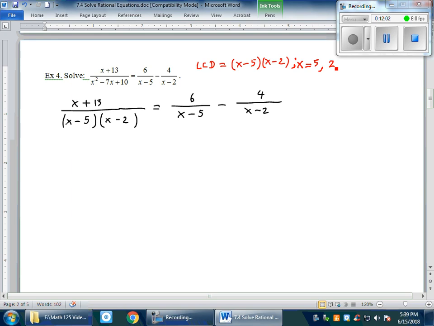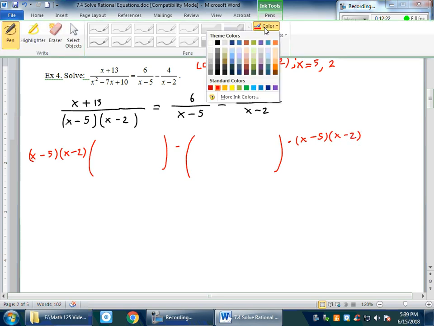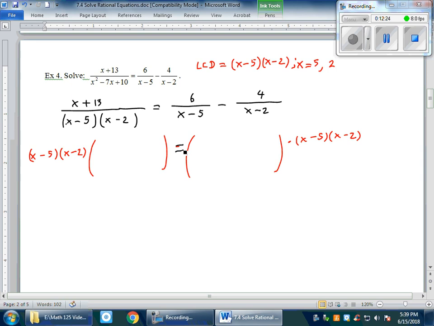Right? So now I'm going to multiply the left-hand side by the least common denominator, and the right-hand side by the least common denominator. So x plus 13 over x minus 5 and then x minus 2, equal to 6 over x minus 5 and 4 over x minus 2.